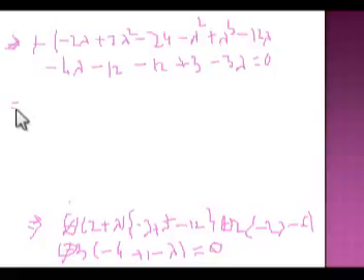If we solve, then first I write lambda cube, then there is minus lambda square, 2 lambda square, and here is a lambda square. So if we subtract, we will get 1 lambda square, and lambdas are minus 2 lambda, minus 2 lambda.